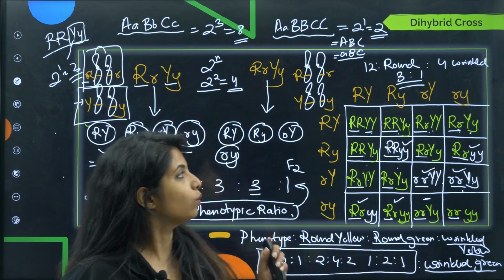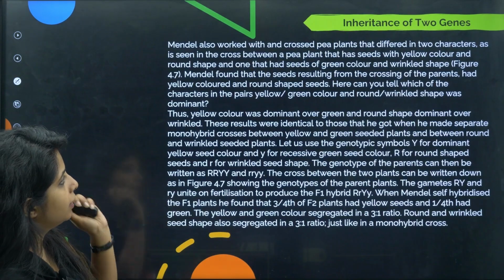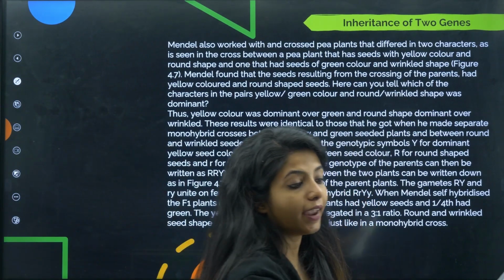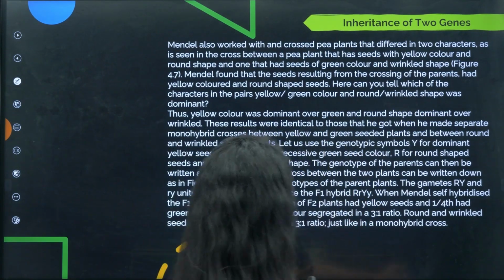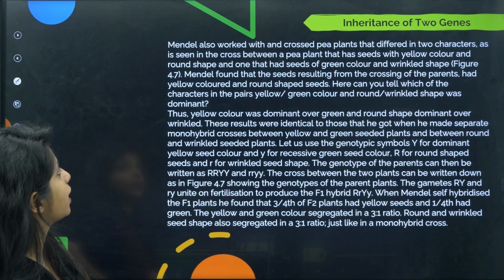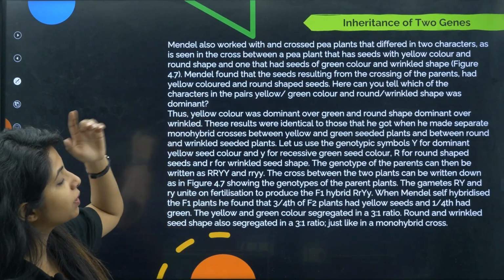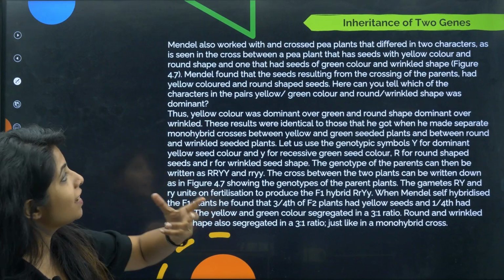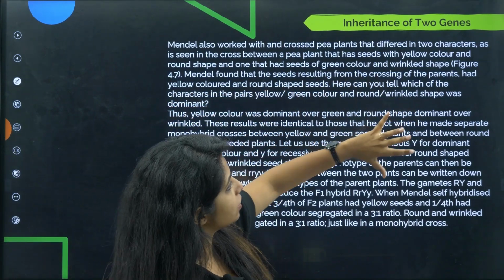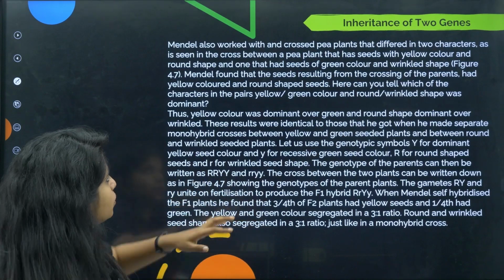Fine. Now, going ahead, we will just read our NCERT and see if you are missing anything. Okay. So, Mendel also worked with and crossed pea plants that differed in two characters, as seen in the cross between a pea plant that has seeds with yellow color and round shape and the one that has seeds with green color and wrinkled shape. So, we are talking about two characters just as we spoke.